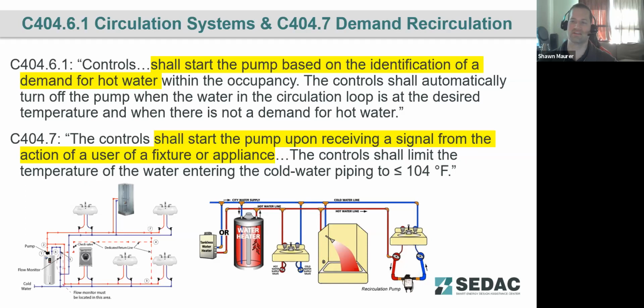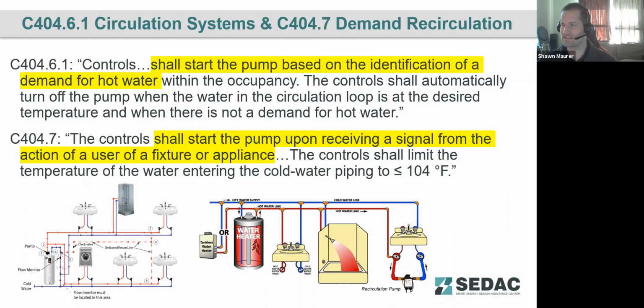That triggers the circulation pump to activate and push hot water throughout the plumbing system. And then that pump is supposed to turn off once that circulation loop is back at its design temperature, usually about 120 degrees, and it's supposed to stay off until there's another call for demand for hot water.